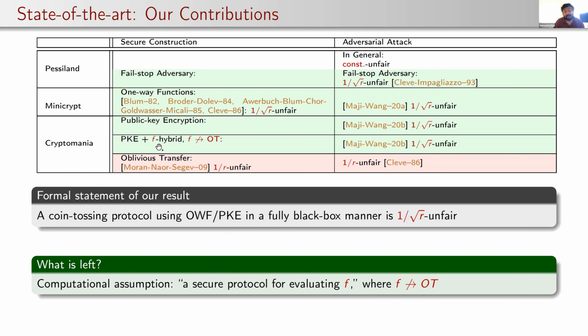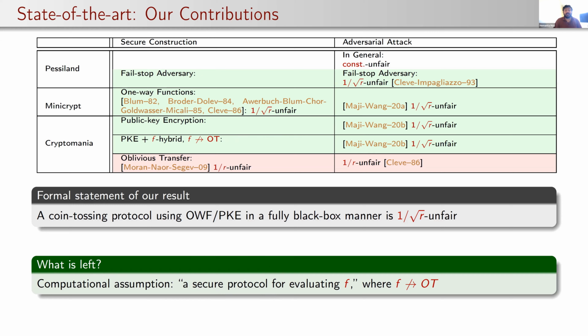Let me elaborate on this slightly. A protocol for f can be used not just to compute f securely, it could have other applications as well. And our result does not rule out these inconceivable ways of using the function f, the protocol for f. So this is one of the biggest open problems remaining in this field, and one of the most challenging problems in this area.